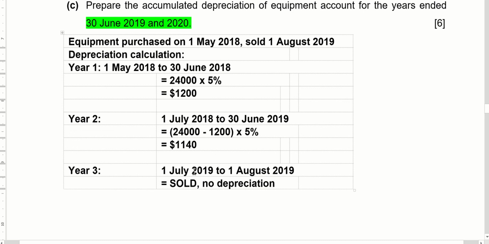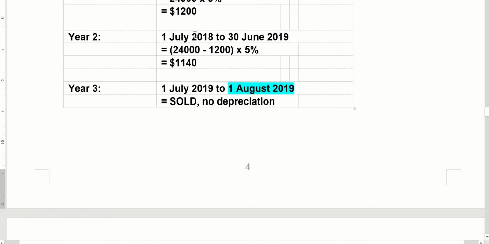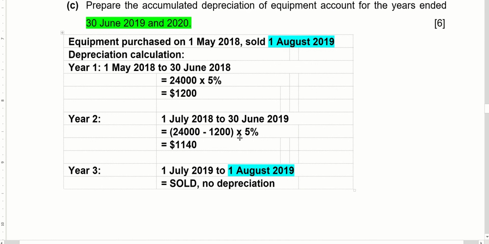The third year, now the third year is 1st of July 2019, but you actually sold it on 1st of August. All right, you sold it on 1st of August. So since you sold it on 1st of August, it tells you here that there is no depreciation in the year of sale. So when you sell your non-current asset, there is no depreciation.